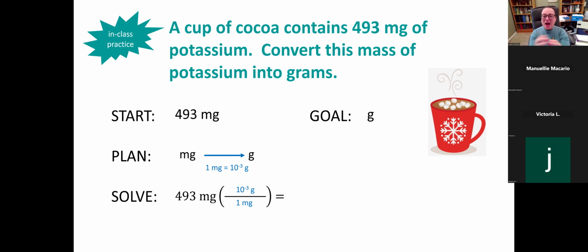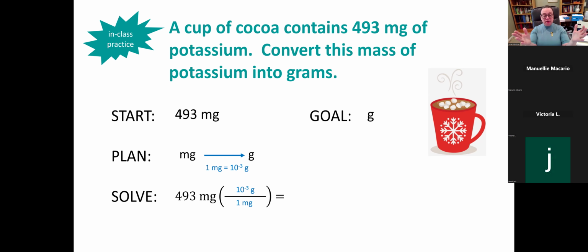So for that math sentence, 1 milligram equals 10 to the minus 3 grams, we have to pick and choose how we want to arrange that. So we can't scramble up the numbers and the units, right? That's going to change it and it's not going to be equal to 1. Right? Knowing those conversion factors, knowing that they're true, becomes a little more challenging when we get to the part where we have to figure out what those conversions are, where we're putting them together from other things that we are learning. Right now, it's from a definition.